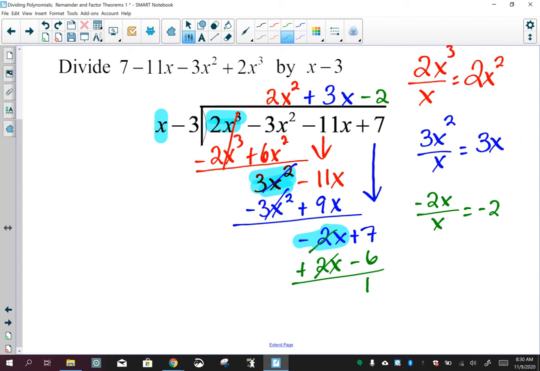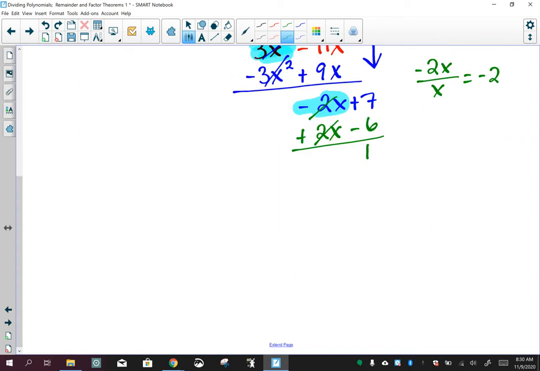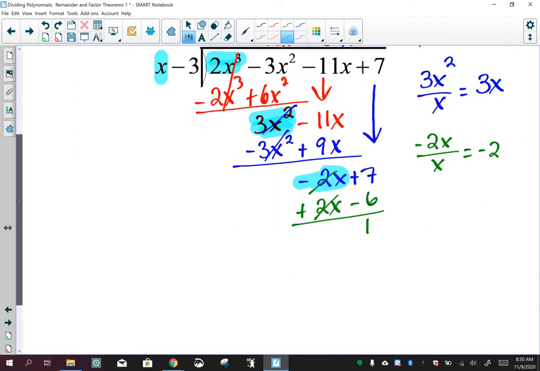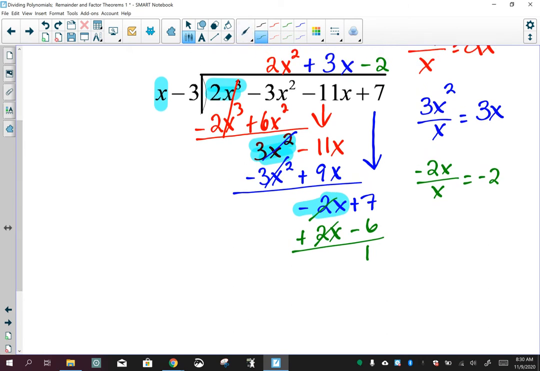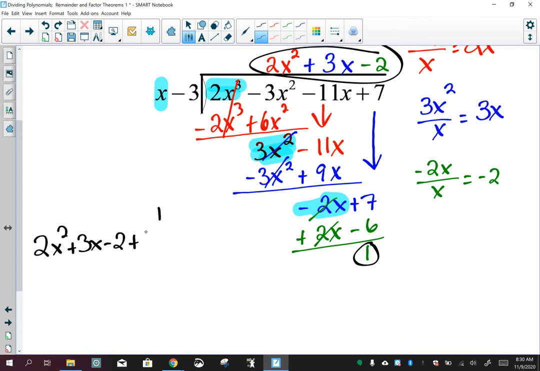That 1 is less than the x over here, so there's nothing else I can do with it. So then I have to write my answer out by taking what's written up here. So I have 2x squared plus 3x minus 2, and then plus this piece right here, 1, divided by this piece right here, x minus 3.